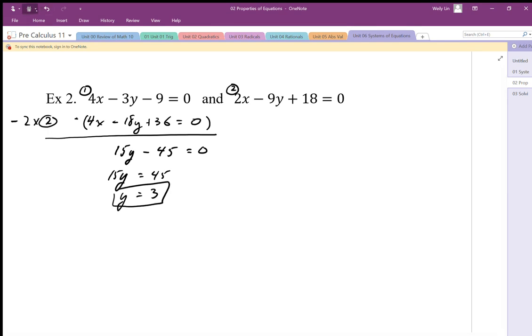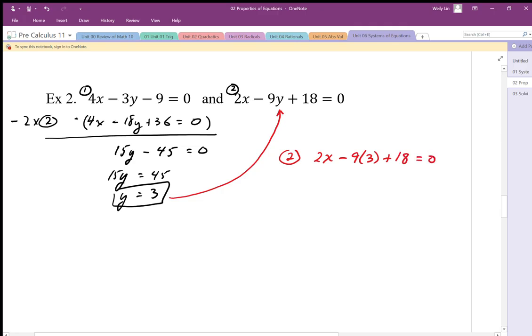Okay, and then again, once I've solved for one variable, I can substitute back in. So in equation 2, I've substituted y equals 3, so it's going to be 9 times 3 plus 18 equals 0. When I've done that, I have now just a one variable situation again.